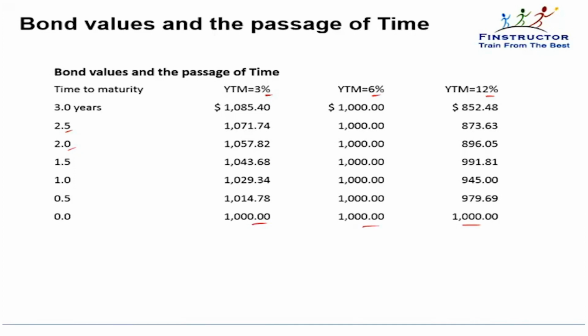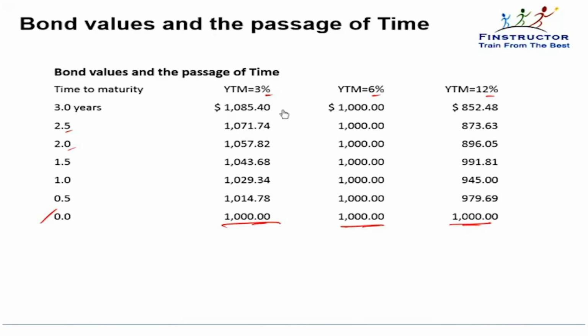Because no matter what the coupon amount was, at maturity there is only one payment remaining, which is due instantly. Hence remember, at maturity the value of all bonds is equal to par value.